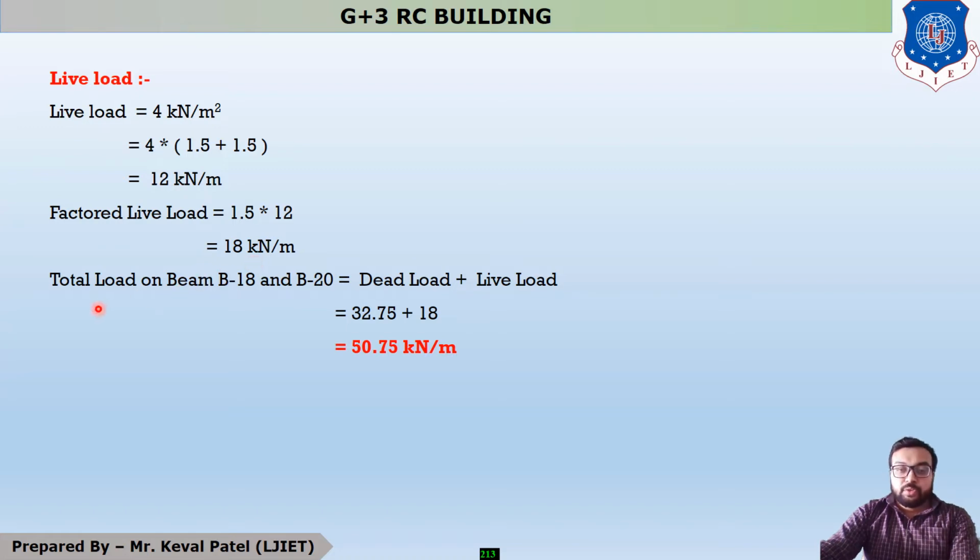Now the total load on beam B18 and beam B20 is the total dead load plus total live load, so it is 50.75 kilonewton per meter. So students, this is the calculation of the load on beam B18 and beam B20.